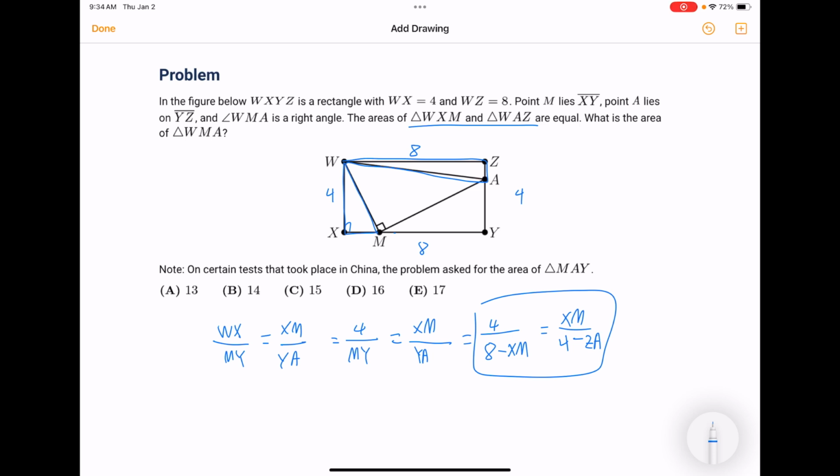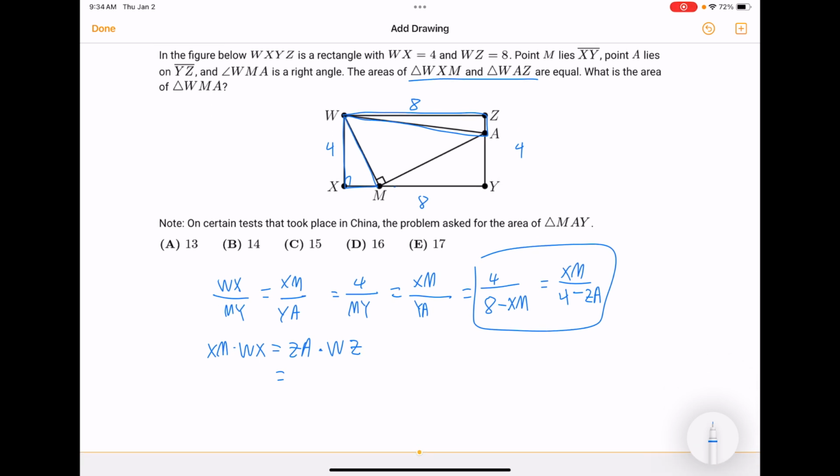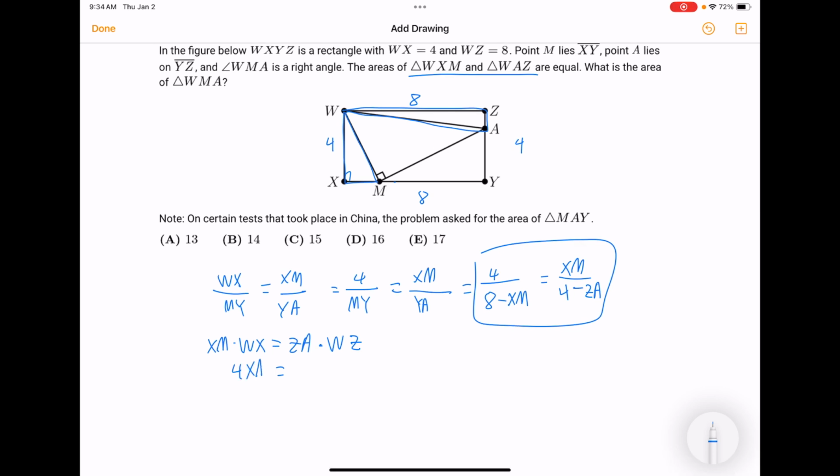So that means that base, which is XM, times height, WX, is equal to the base, ZA, times WZ. And then we can substitute some of the information that we already know. 4XM is equal to 8ZA. So dividing 4 over, we get XM is equal to 2ZA.